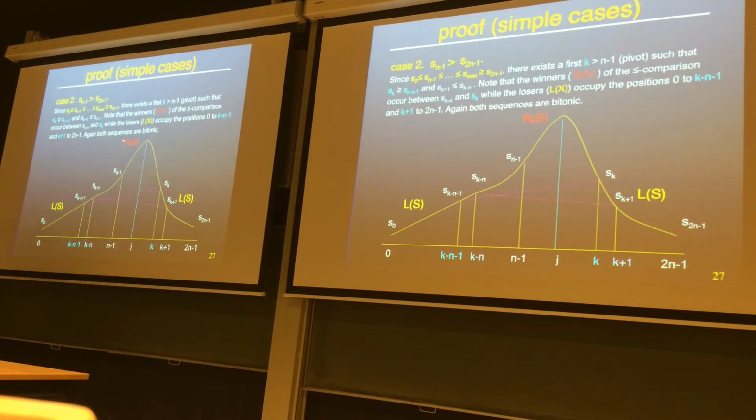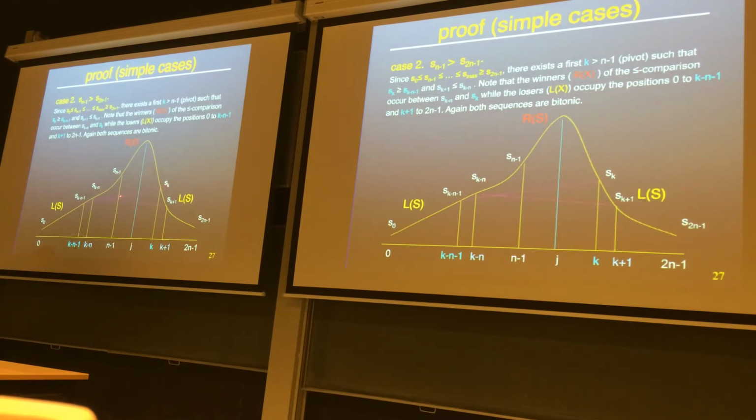You should imagine that we draw a horizontal line that originally crosses this graph through Sj, yeah? So the highest point. Yeah? And now I continue by lowering this point until there is a point k, such that Sk is at least as large as Sk-n-1, and Sk+1 is not larger than Sk-1. So here we have this k.